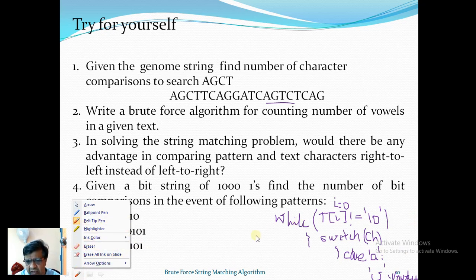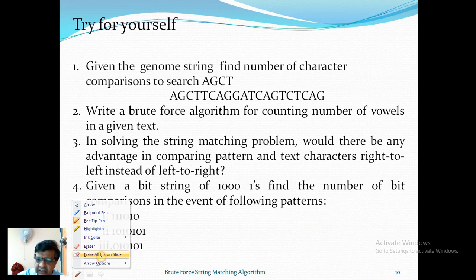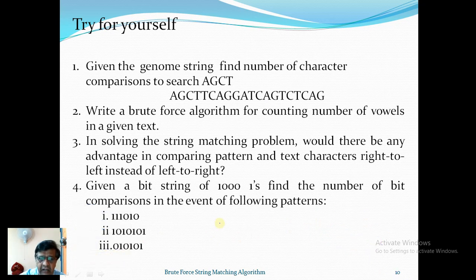I told you, and you can translate this into an algorithm. In solving the string matching problem, would there be any advantage in comparing pattern and text characters right to left instead of left to right? The brute force string matching algorithm suggests that we start comparing with I and J both moving from left to right.